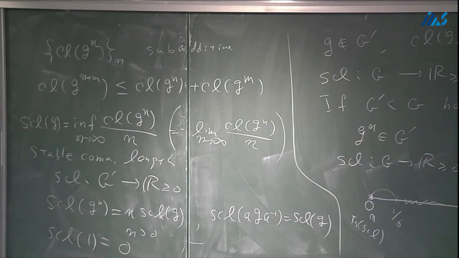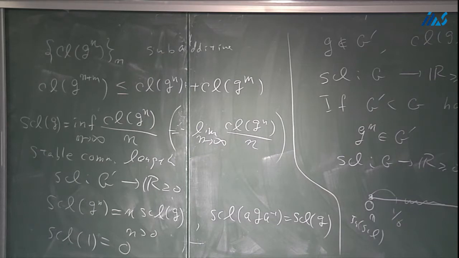Right. So the other example is a lattice, for example SL_n(Z) in SL_n(R), with n at least 3. Then it is known that stable commutator length vanishes. First of all, if the commutator subgroup is everything, then you call it perfect.